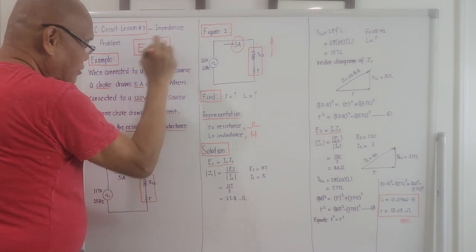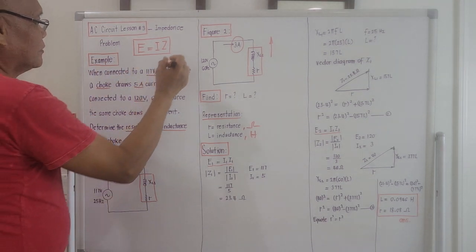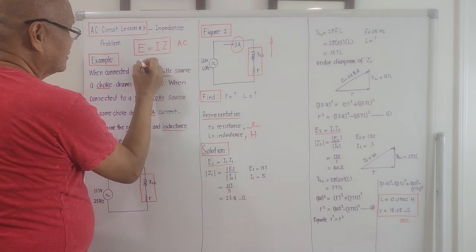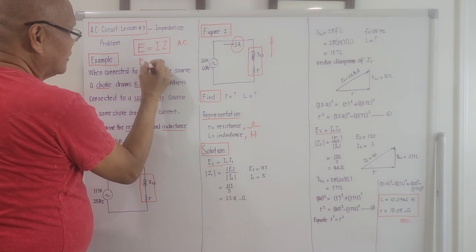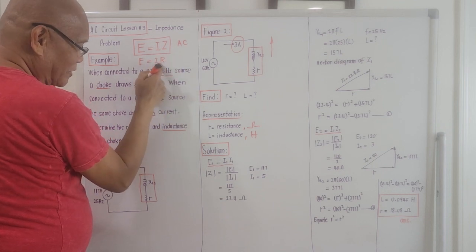That is the general formula for AC circuits, because for a DC circuit, E should simply be equal to I times R.